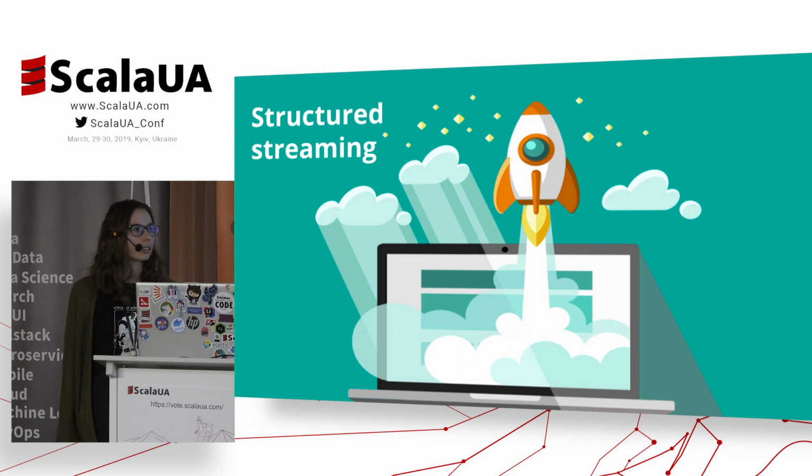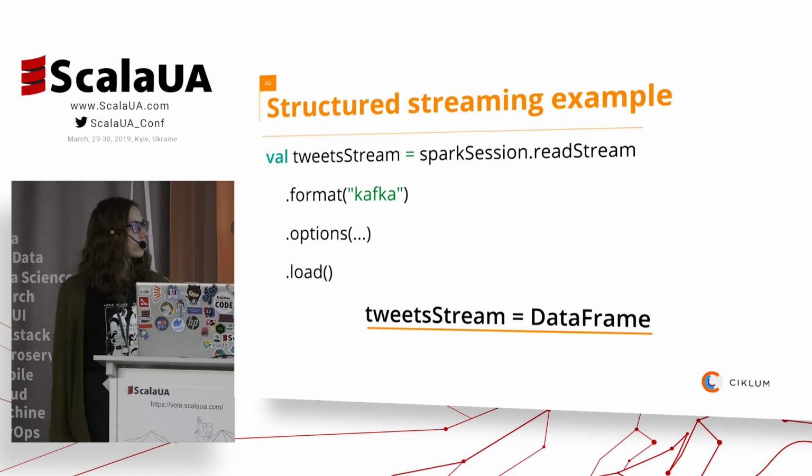This is for basic streaming, but structured streaming has a lot of features as well, and you will see how it looks for data frames and more structured data. When we read from Kafka, we have a structure which looks easier, because we just define options for Kafka, the format in which we read, and the read stream.